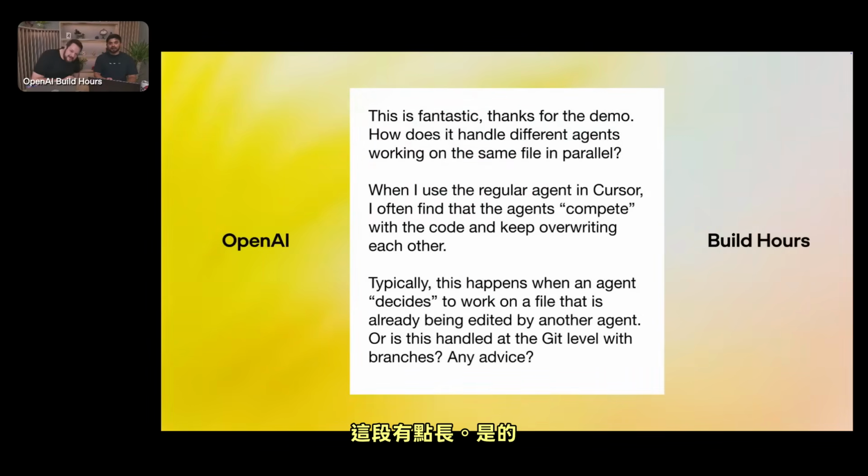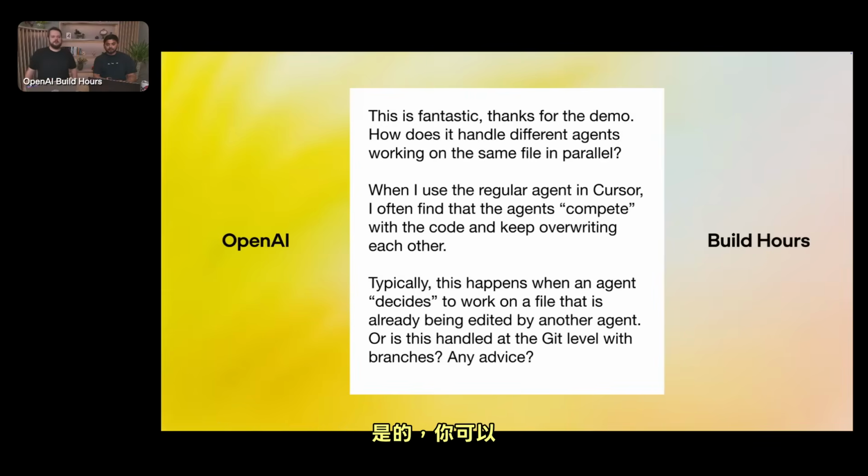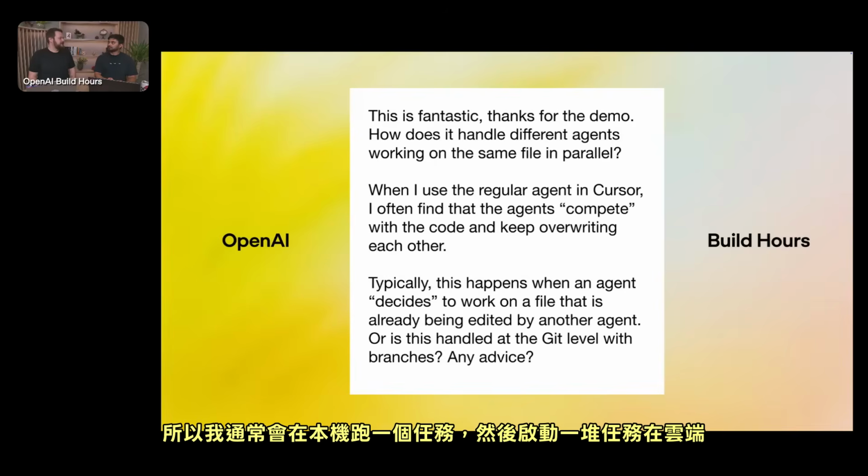It's a long one. I think we covered this a little bit, but maybe we can go into more detail. We discussed how you can use different agents, and how to structure it so that different agents can work on the same file in parallel. Yeah, you can. One option is to use git work trees to work on multiple things at the same time. If you're running multiple tasks locally, it can definitely get in its way. That's why I typically run one task locally and then kick off a bunch of tasks in the cloud.